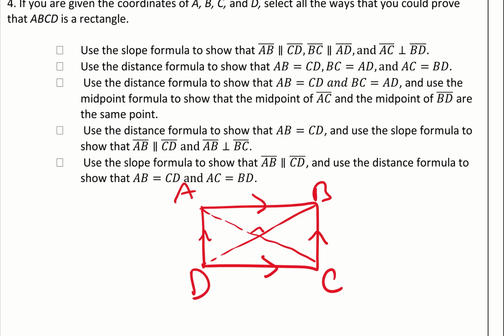Okay, so first off, if this is true, that AC is perpendicular to BD, then that means it's not necessarily a rectangle. It's possible that it's a rhombus or a square.